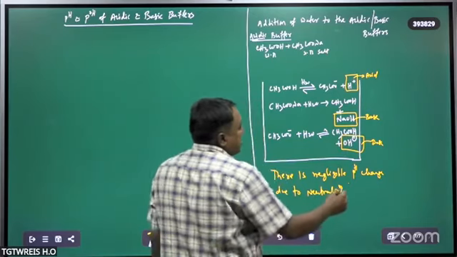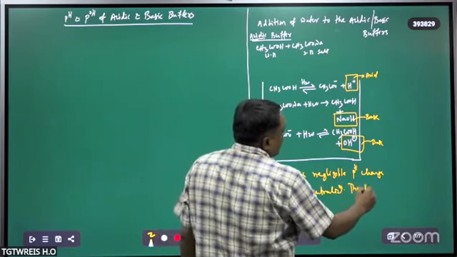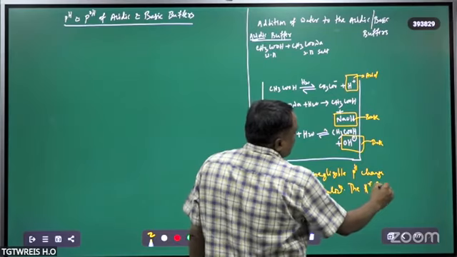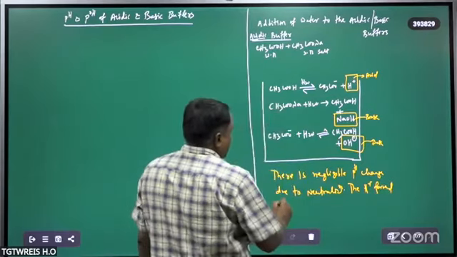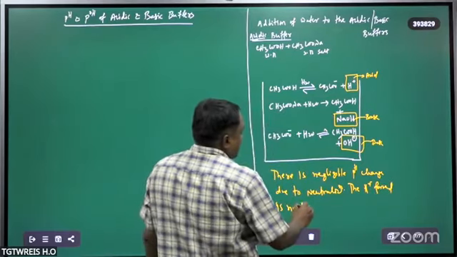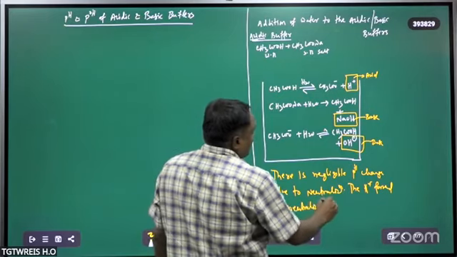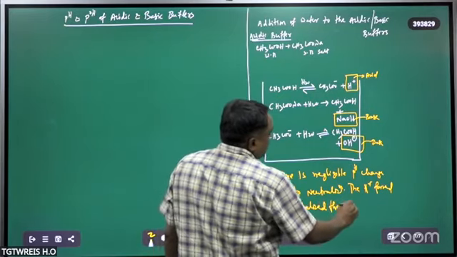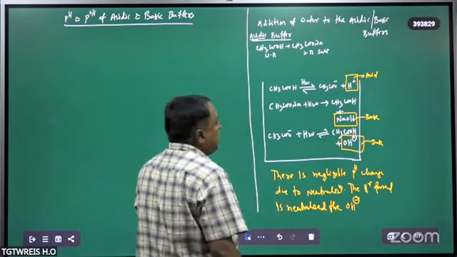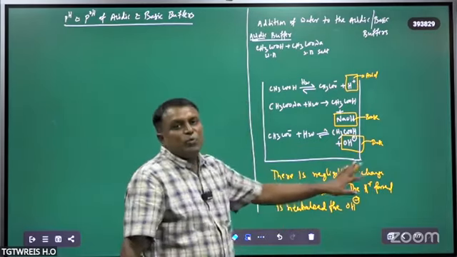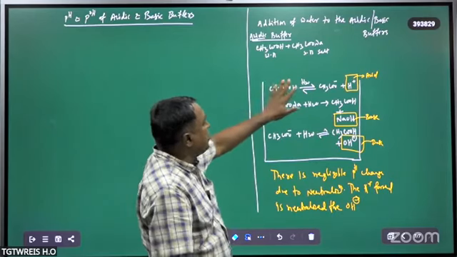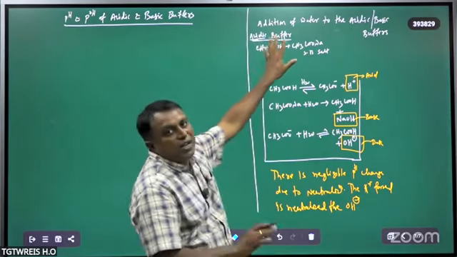The H plus formed in the reaction mixture is neutralized by the OH minus. That's why there is a negligible change in pH by adding water to the acidic buffer solutions.